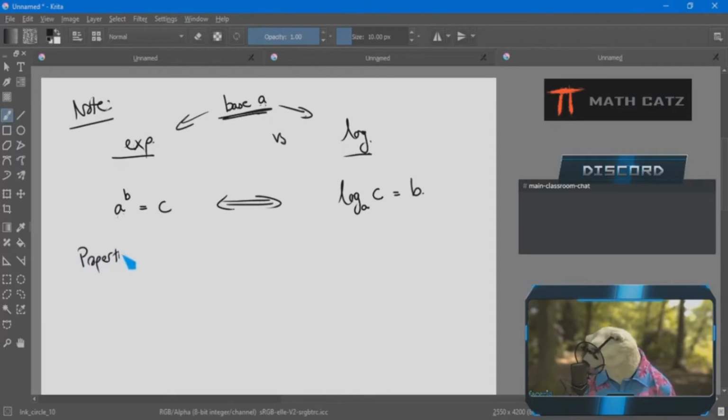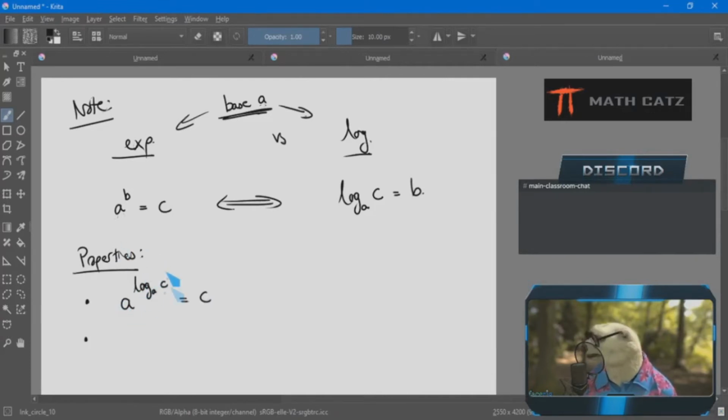So I can now rephrase some of those initial properties by understanding this relationship, or just by memorizing and looking at it as inverse functions, of course. I can't remember which one I did first. I'll just do this one. If I have an a and I raise it to the power of log base a of c, what am I going to get? I'm going to get c again, because they're inverse functions.